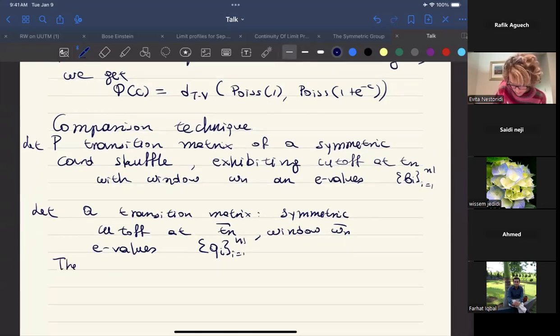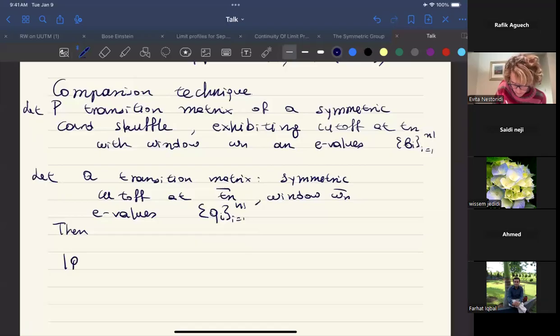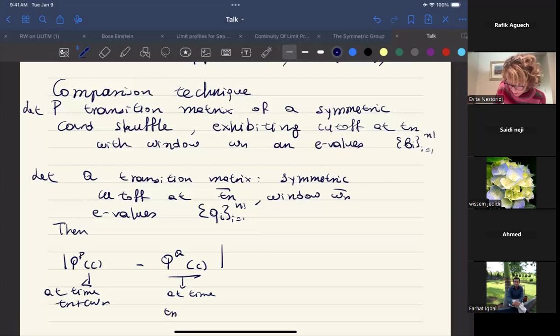Then the limit profiles, let's say for P at C, and the limit profile of Q at C. Here, this really is implied at time Tn plus C Wn, and here at time Tn bar plus C Wn bar. Again, we will do a Cauchy-Schwarz, is less or equal than the sum.